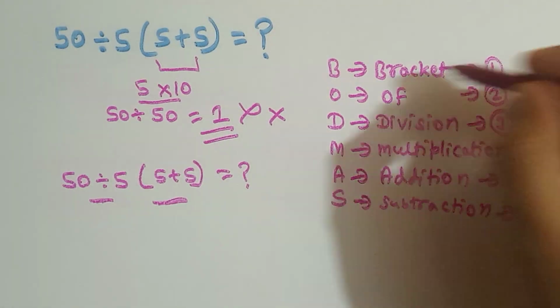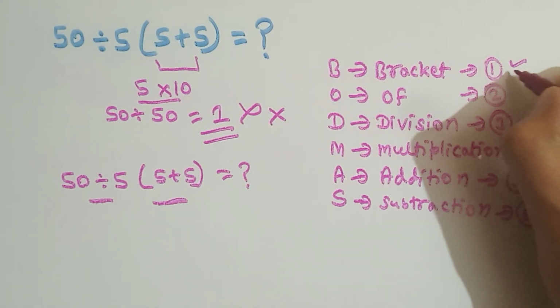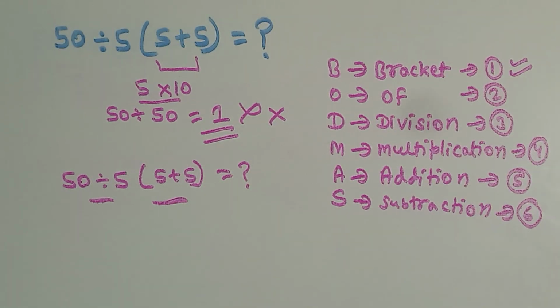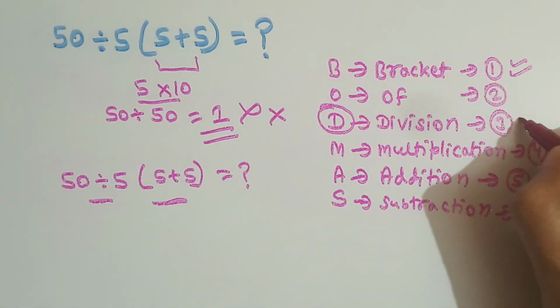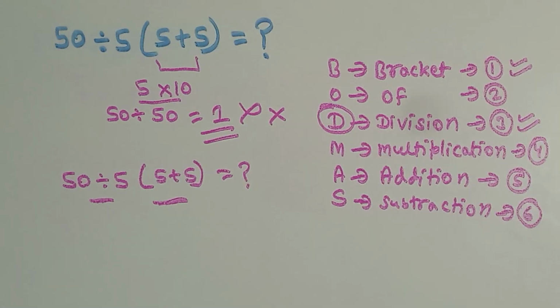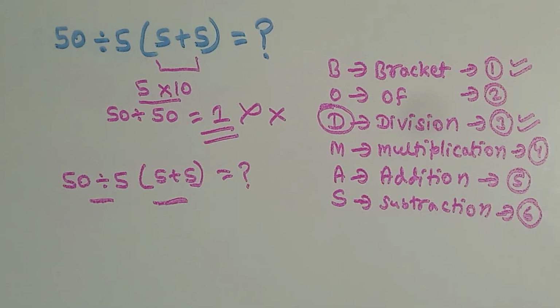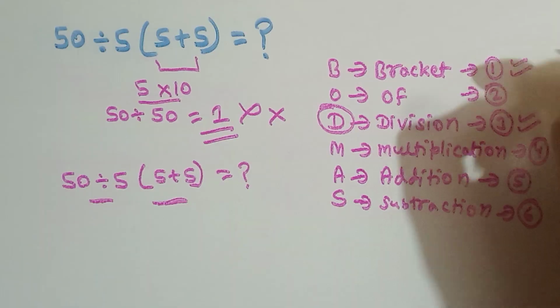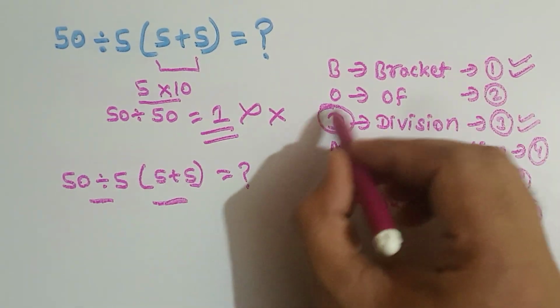If you see in this rule, bracket gets first priority for solving a question, right? And D means division, which gets third priority. So for this question we solve the bracket part first, because bracket priority is higher than the division sign.